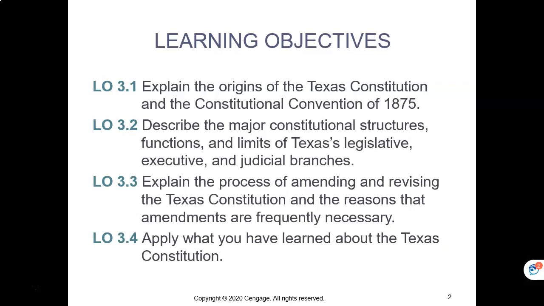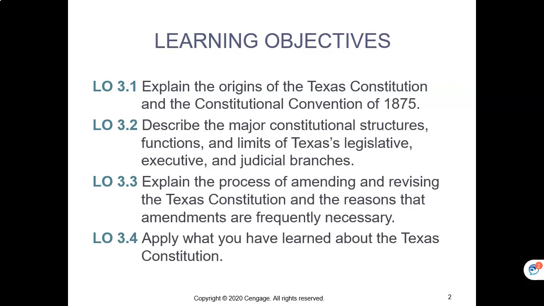So first, we're going to talk about the fact that Texas has had several constitutions. And so we will discuss those constitutions and then discuss the last one that Texas had, which was in 1875.